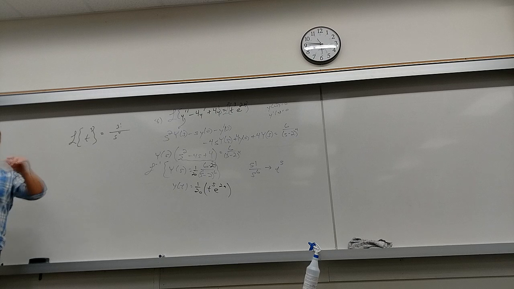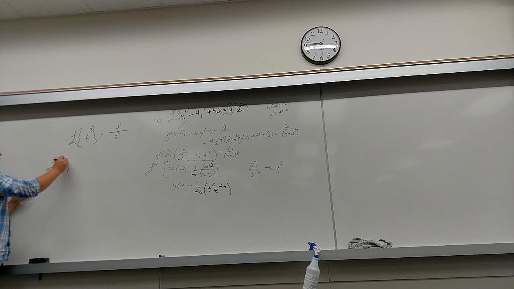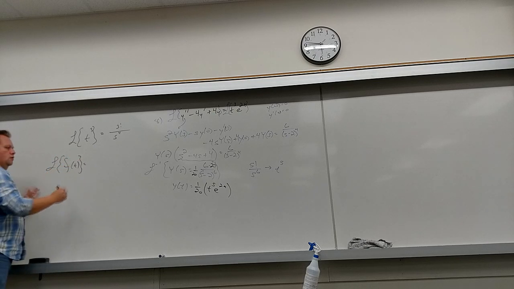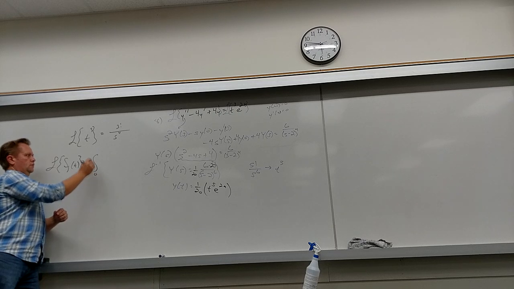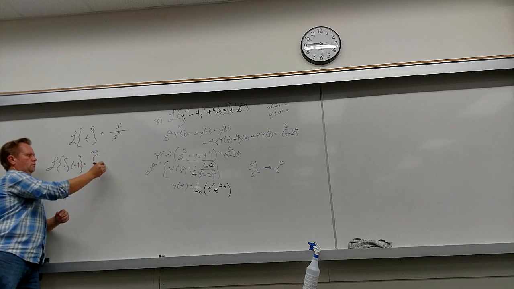Is that cool? Which is 6 over s to the fourth. Now, because of the way the Laplace transform is defined, and again, you're going to have to know this, how is the Laplace transform defined? The integral from 0 to infinity. That's good.